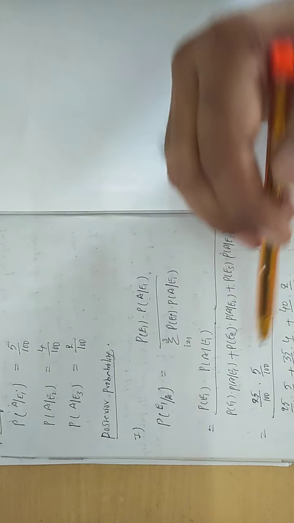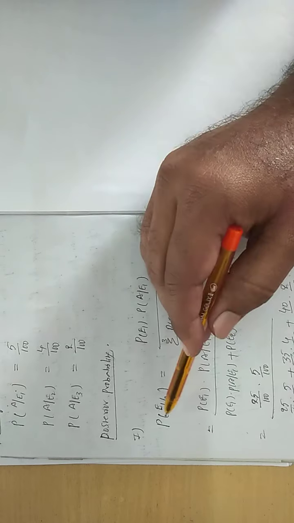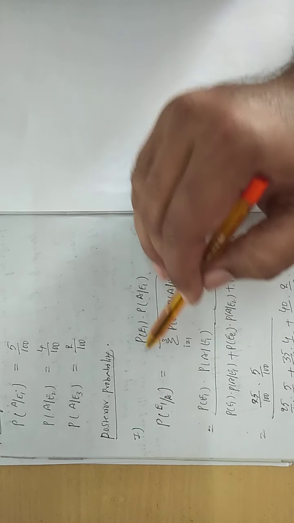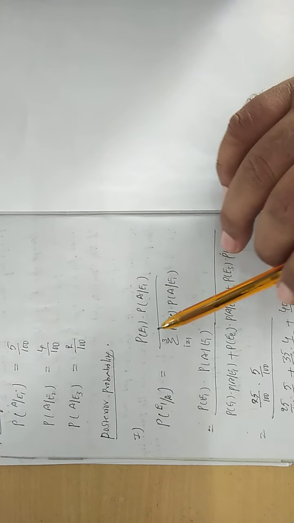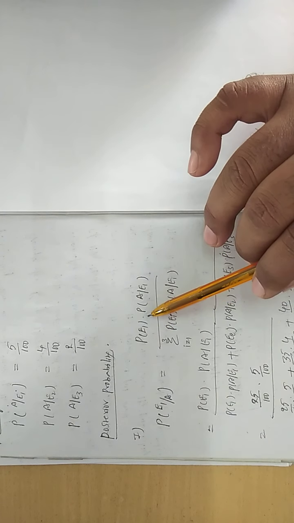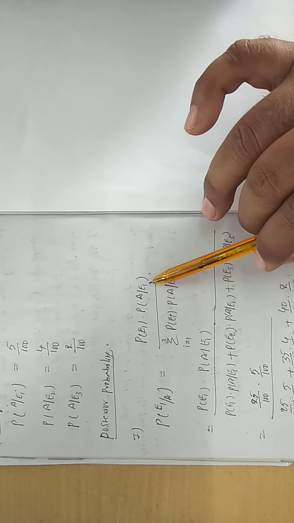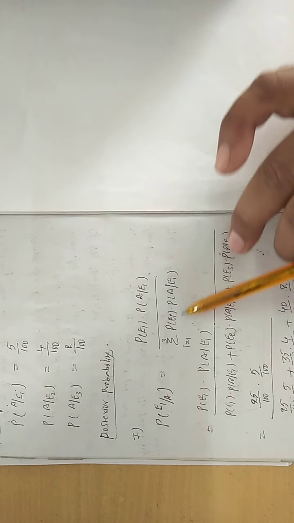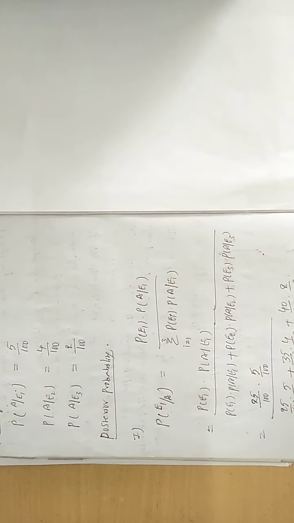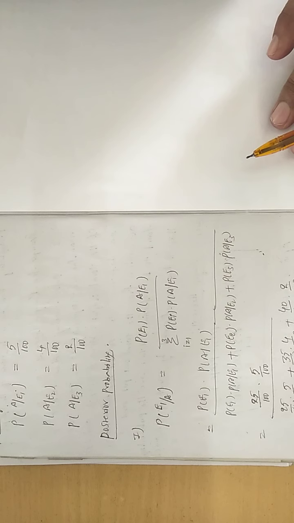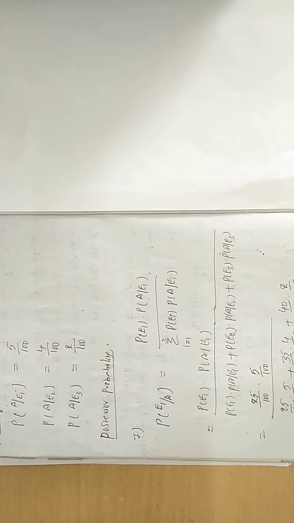Same with the next: the probability of E2 given A. The same expansion will be there, but here what you get is probability of E2 into probability of A given E2, and the same denominator value would be there. Remember that in the Bayes theorem only the numerator will change.